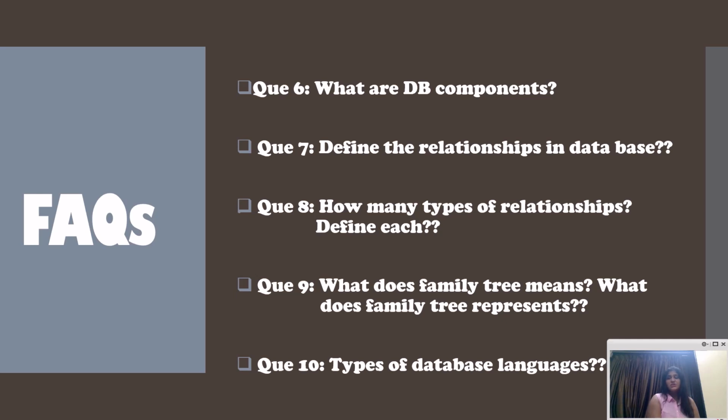Define the relationships in databases, as we have seen. How many types of relationships are there, and define each. What does the family tree mean and what does it represent? Types of database languages. So we have PL SQL, SQL managers, and other DB languages. You can give examples. So this is what we have done in our slides.